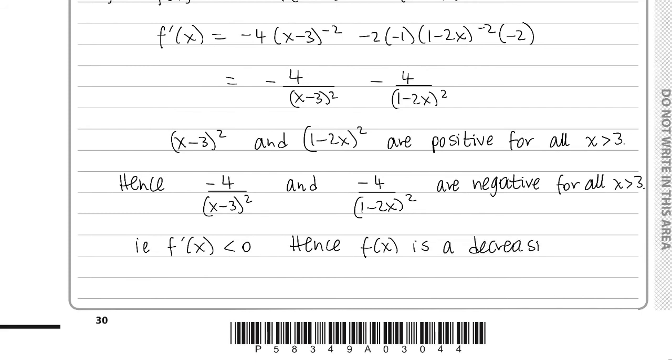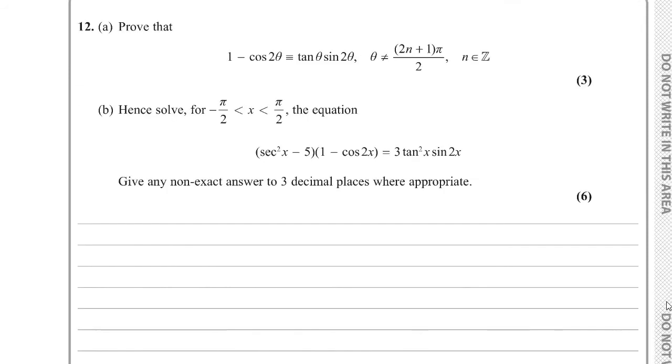Once more, we need to end up with f dash of x being negative and actually state that a negative derivative means that the function is decreasing. So that was question 11.